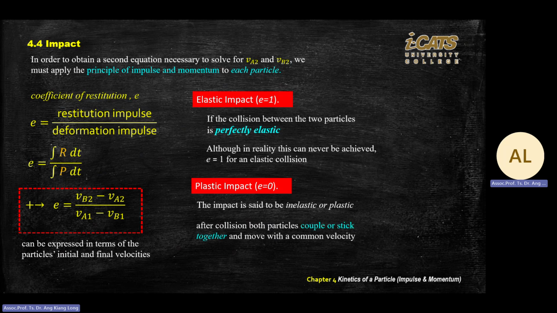So if it sticks together, your E will be 0. So if it's 0, it's very easy to find. This equation becomes a very easy equation. 0 here, you move the denominator up, it also becomes 0. This one will equal to this one.